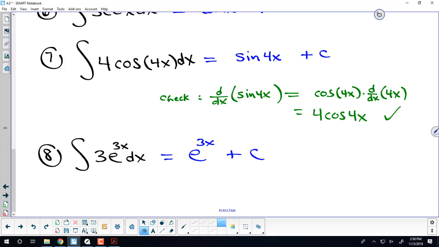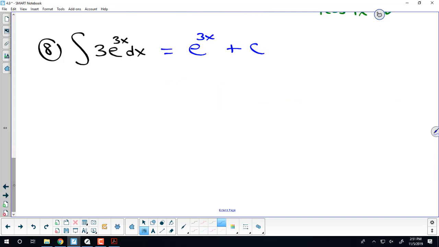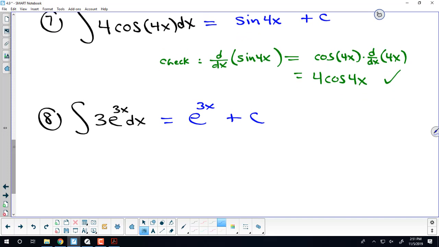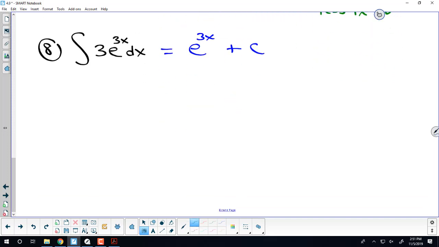When we look at derivatives, especially those involving products, quotients, and chain rules, it is not obvious at all what function you take the derivative of to get the antiderivative. Even these simpler ones that involve a chain rule, we will develop a technique for as we move through chapter 5.